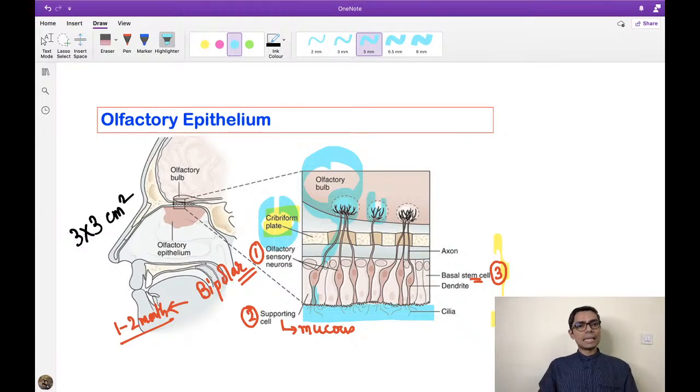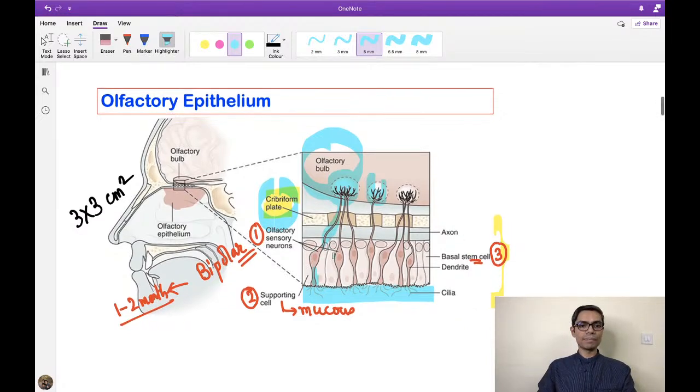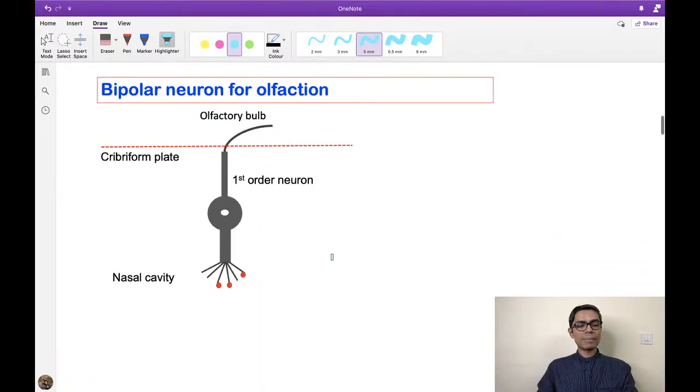Now if I magnify a single one of these bipolar sensory neurons, what am I going to see? Look here, I have given a magnified view of a single bipolar olfactory sensory neuron. This is also known as the first order neuron. This is the dendrite, and this is the axon part of this bipolar neuron.